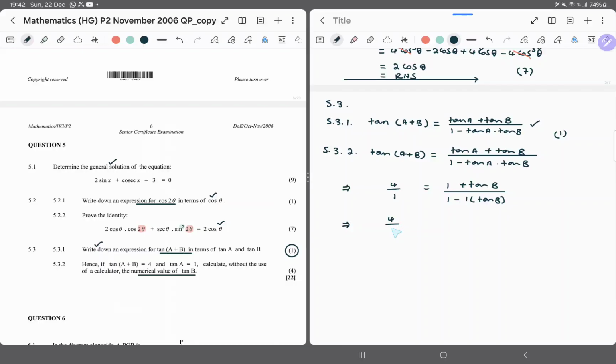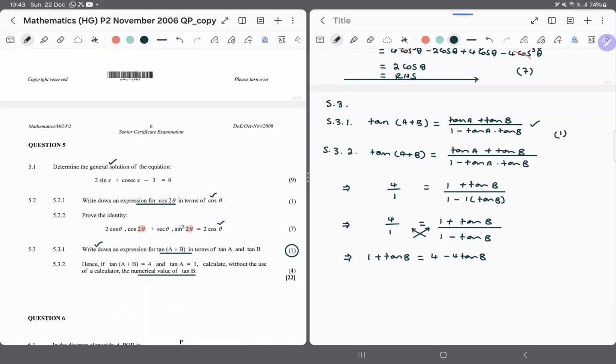Okay, we just handle arithmetic now, or you could call it algebra because there's still variables here. So we have 4 over 1 equals 1 plus tan B divided by 1 minus tan B. So we do cross multiplication, a gymnastic of choice. This implies it's going to be 1 plus tan B is equal to 4 minus 4 tan B. Now remember, multiply 4 to each of those terms.